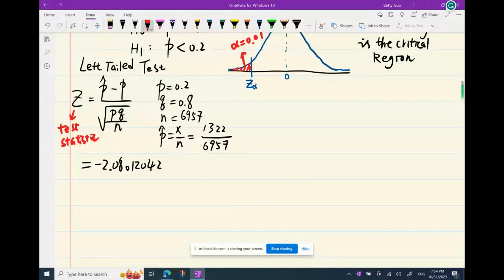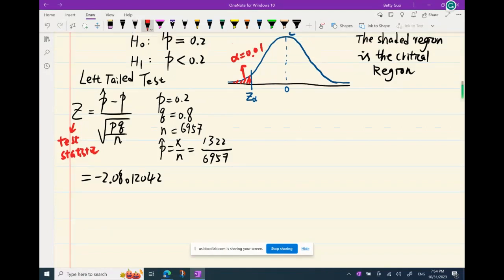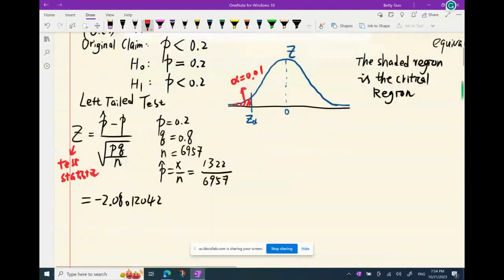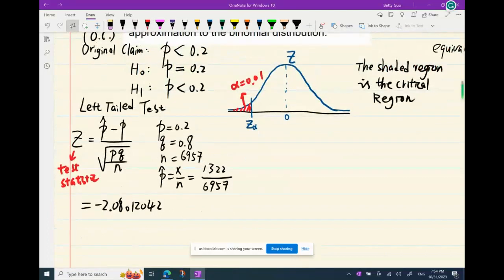It completely depends on our sample. Of course, p here is from the claim, but mainly it depends on the sample. And z sub alpha, notation-wise they are so similar, but they are different. Z depends mainly on the sample, so it is our test statistic. And z sub alpha is our critical value. Let me write it down. Critical value.